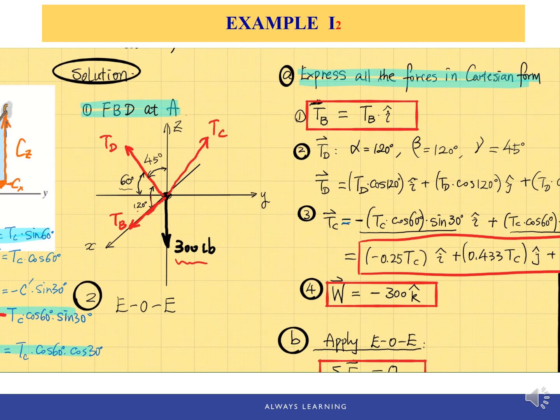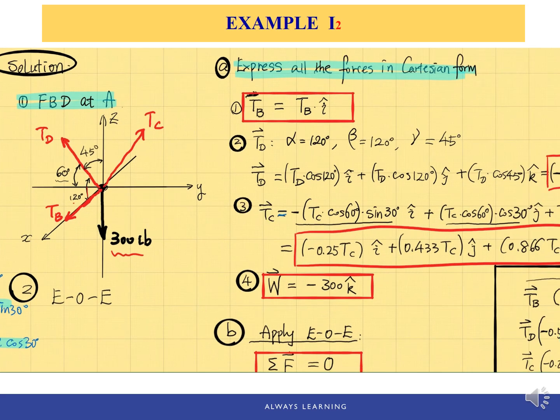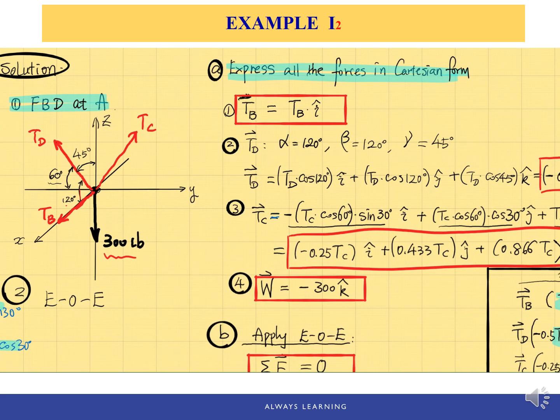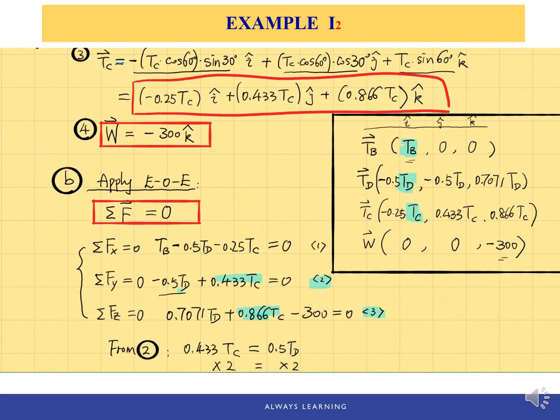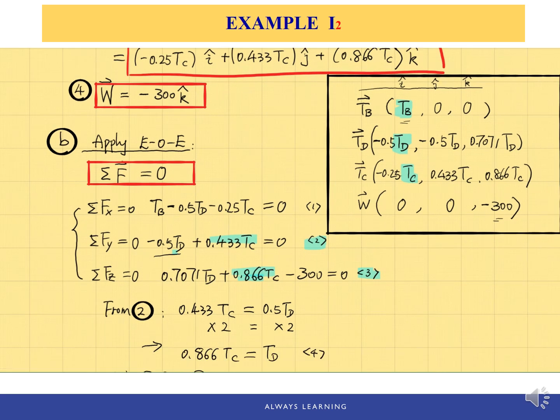But for 3D problems especially, in order to write equations of equilibrium, we need to express all the forces in Cartesian form and then add their corresponding components together to let them equal to 0. So we will have 3 equations. And check your equations, check the number of unknowns to see if you have enough equations to solve all of your unknowns. If not, maybe we need another free body diagram to have another set of equations.